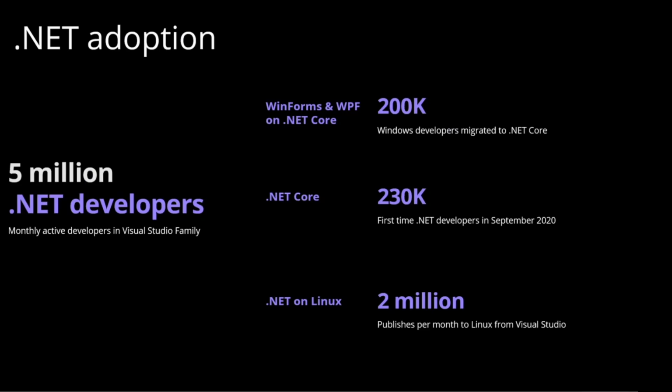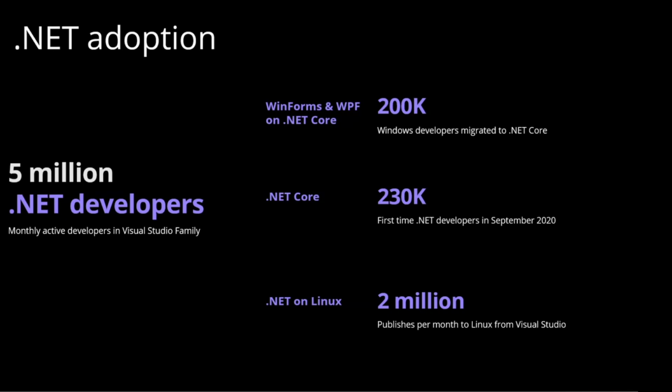Adoption. How much are people really using .NET? From our latest telemetry, we know that there are more than 5 million .NET developers out there. That's monthly active developers that use the Visual Studio family of products. There's more than 200,000 Windows developers that have migrated to .NET Core, building with WinForms and WPF.